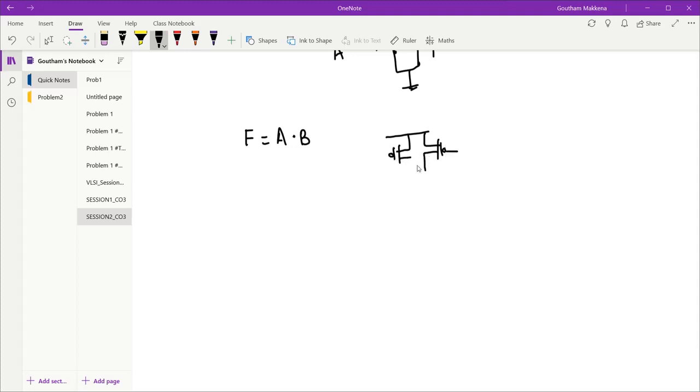This is VDD. Your NMOS transistors will be in series. So A B, A B. But like I said, the output of the CMOS is always complementary. This is nothing but A dot B under the bar. But what is the expression that we want? We want A dot B.